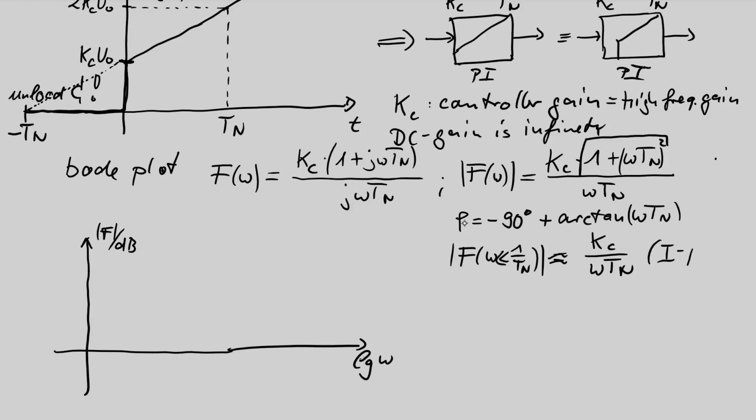It is an I part. So we can see that for low frequencies the PI behaves like an integrator. For high frequencies, omega is very large compared with 1 over Tn, then in this expression this becomes large, the 1 is negligible, and the square root of this is omega Tn divided by omega Tn, this is 1, and we just have the gain Kc.